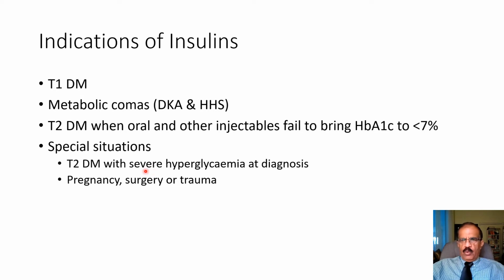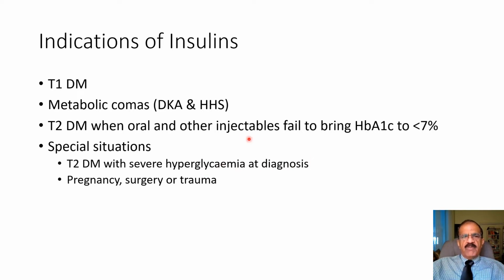Now, this is a situation where our intention is to give him oral agents, and I'm sure in most situations oral will work, but we have started with insulin to have an immediate effect, because oral will take several weeks and the patient is at the verge of complication.